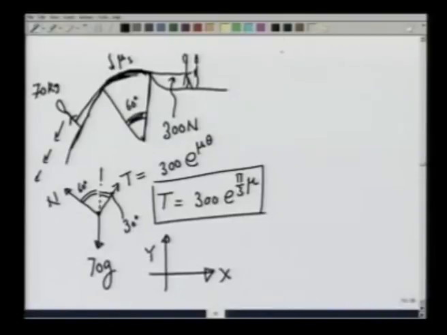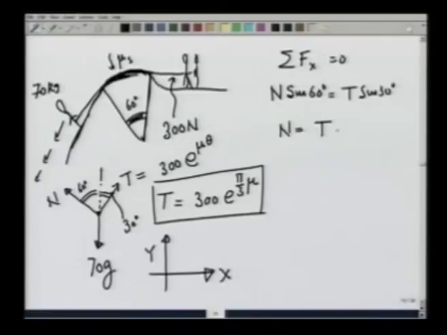I can write summation Fx is equal to 0, and that gives me N sine of 60 degrees is equal to T sine of 30 degrees, and therefore, N equals T tangent of 30 degrees.